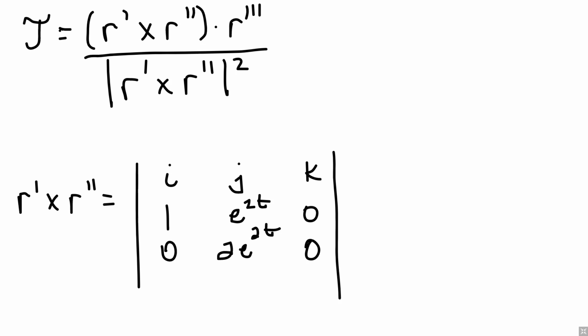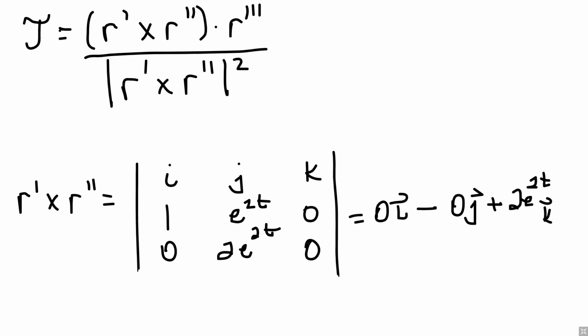If we evaluate this, for the I component, we're going to get 0. For the J component, we're going to get 0. And for the K component, we're going to get 2e to the 2t minus 0, or 2e to the 2t in the K direction.